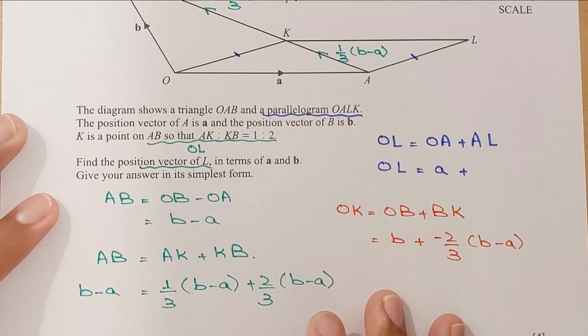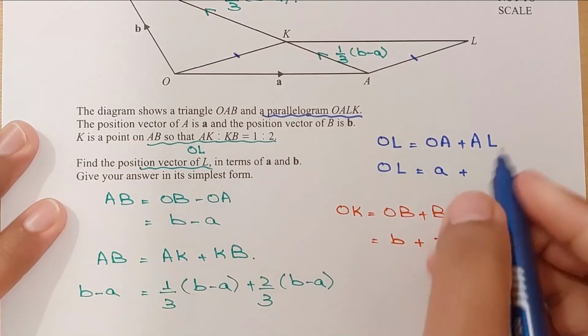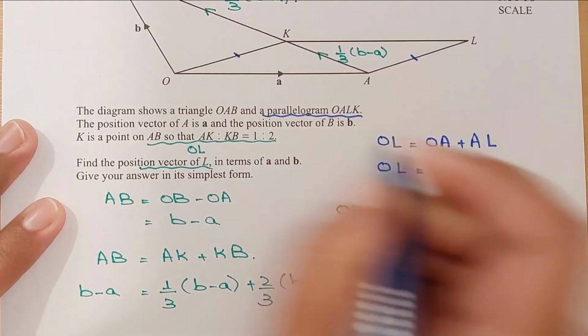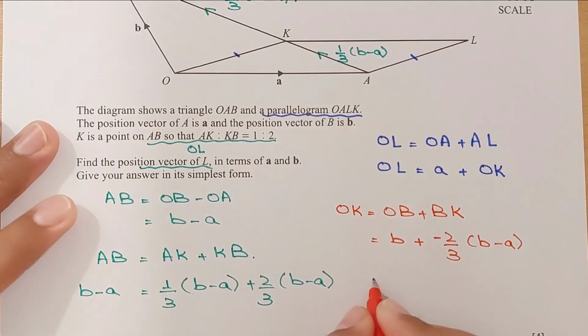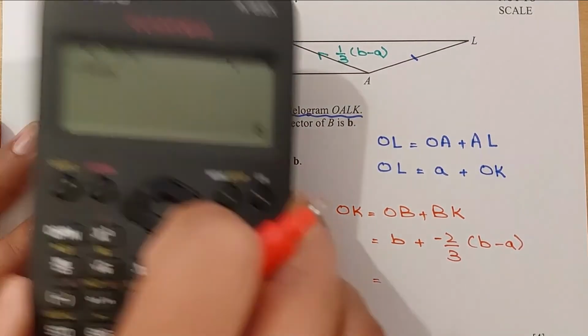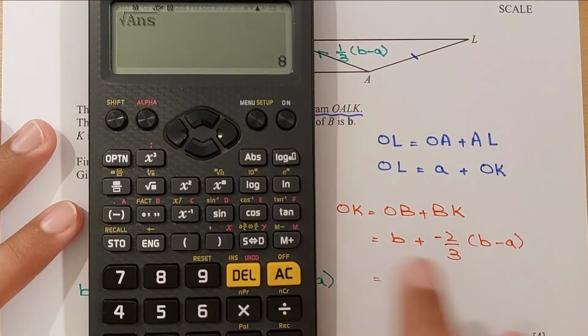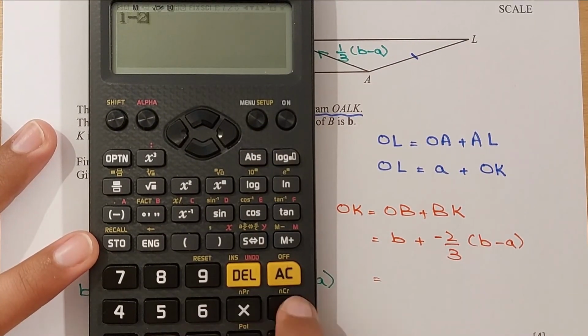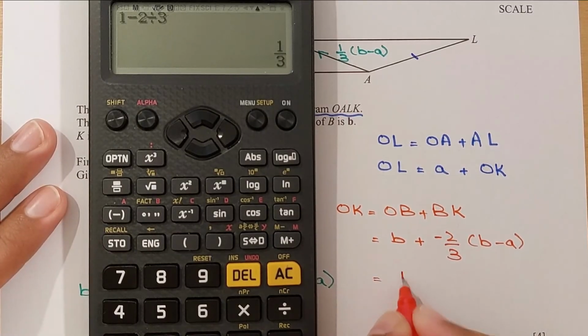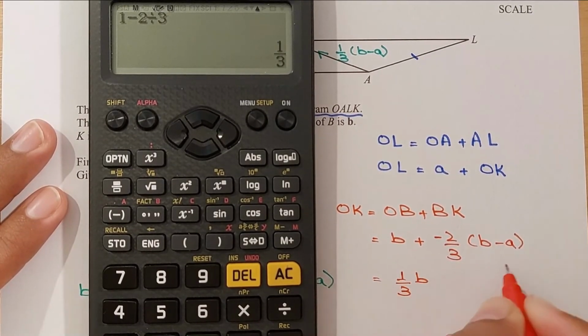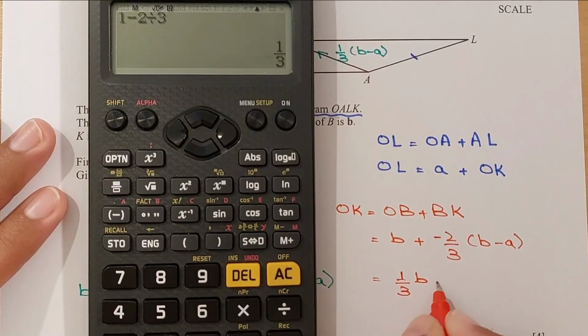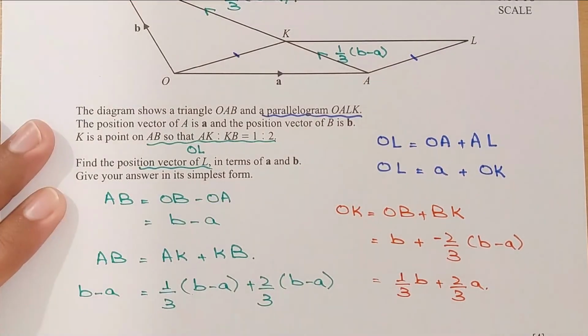Right, now let me simplify OK. We have b: we have 1 here and minus 2/3, so 1 minus 2/3 is 1/3 b. And for a, minus times minus is plus 2/3 a. Right, so this is OK.